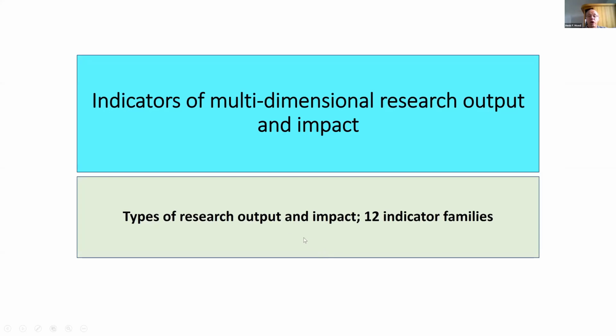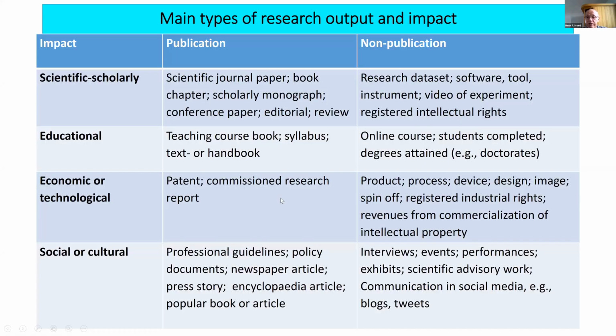Now, let me first of all underline that research output and impact and research performance are multidimensional concepts. Here I give an overview in terms of the types of output and the types of impact that papers can generate.